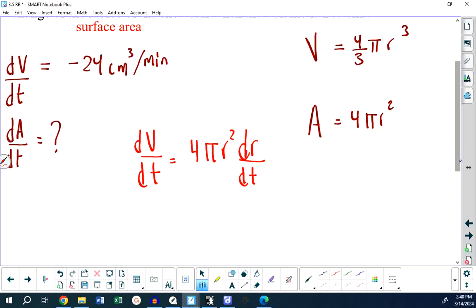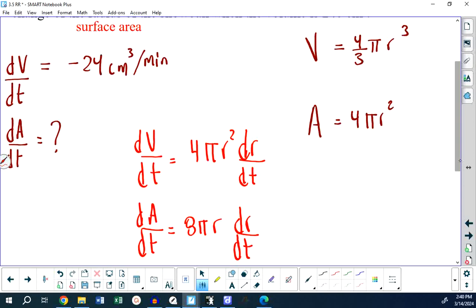And then when I do this, I get dA/dt equals 8 pi r dr/dt. So here is the not perfectly elegant approach, but pretty clever.